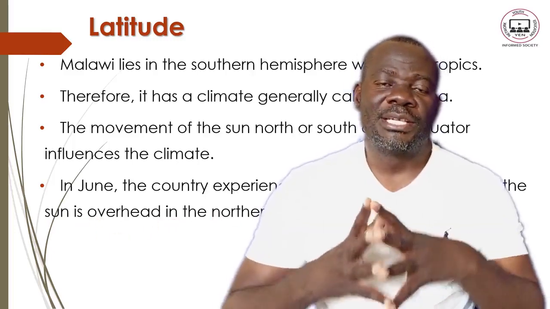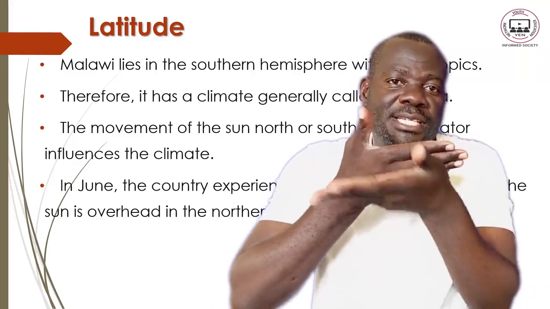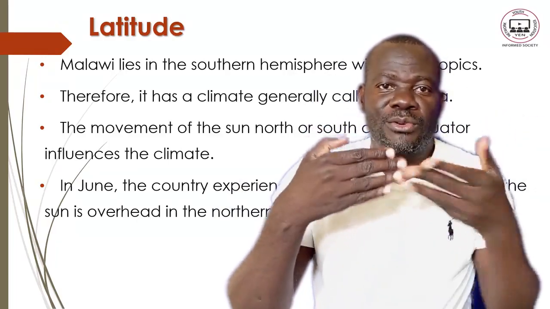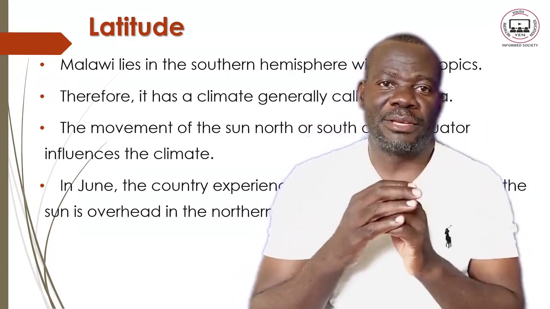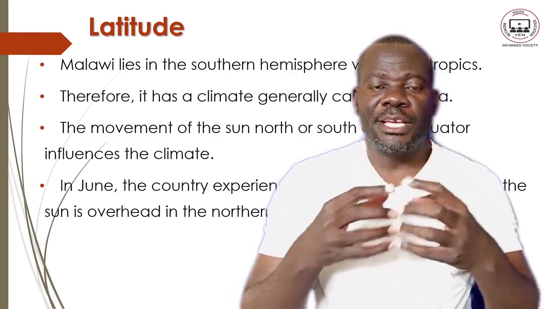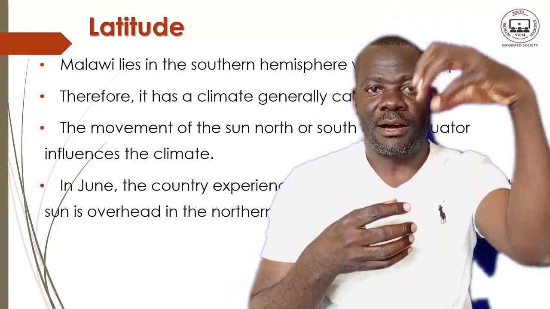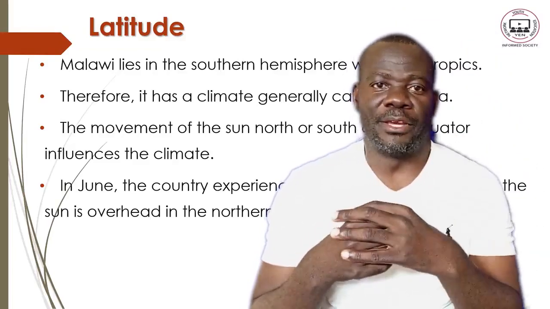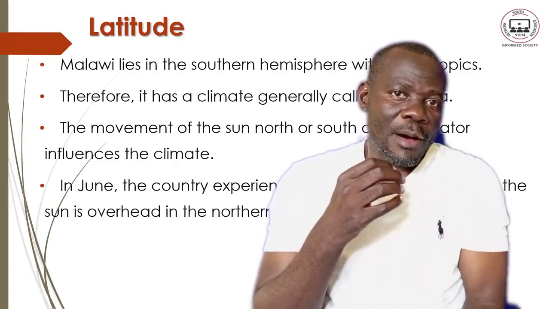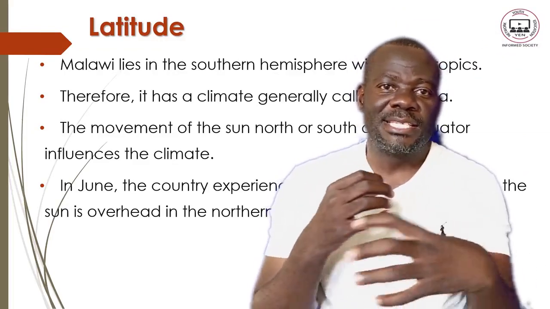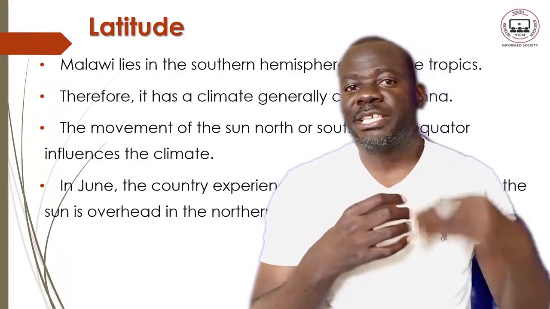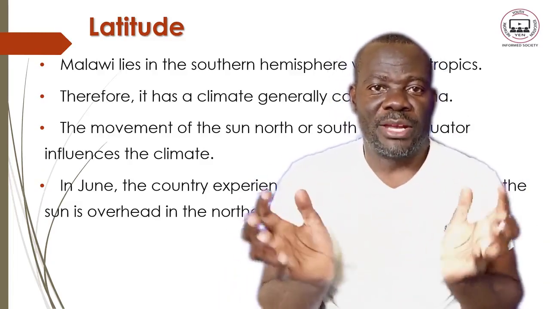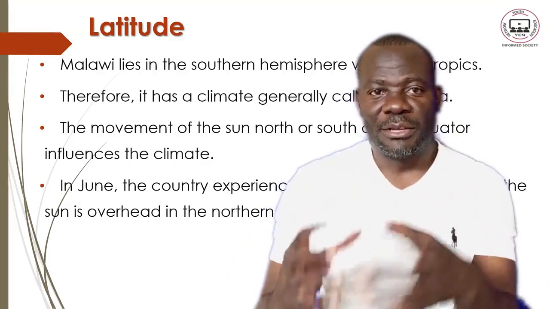Malawi is in the southern part of the Earth, so the sun is very far away and it is very cold throughout Malawi.